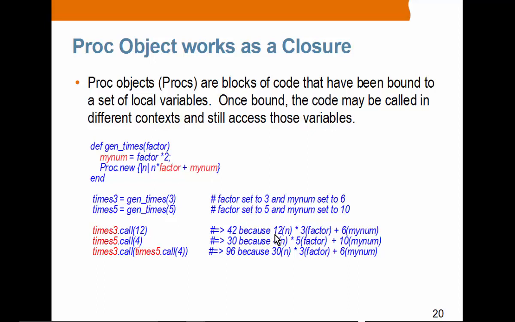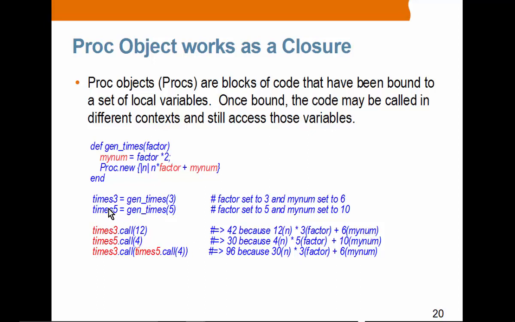So it will multiply 12 times 3, plus mynum 6, and return 42, because the proc object pointed to by time3 remembered that factor is 3 and mynum is 6.